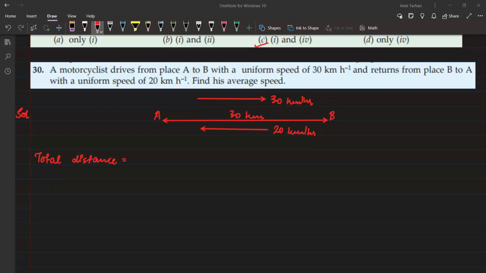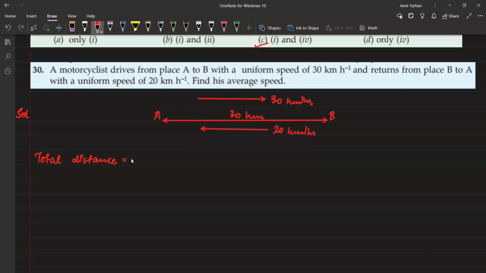Dear, I'm not saying the average speed. I'm saying what is the total distance in this journey if I'm going from A to B and B to A again? 60.